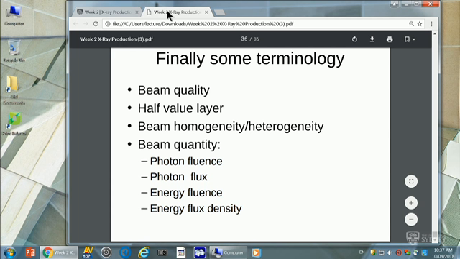kVp as well. In fact, it's very tempting to always think kVp is energy, mA is quantity. But in fact, mA is quantity, but kVp is energy and quantity. And in fact, intensity of the X-rays is proportional to the kVp squared. So kVp actually has a bigger impact on intensity than mA does.